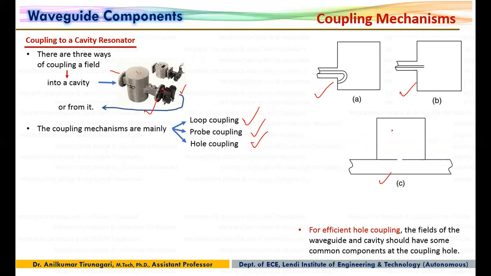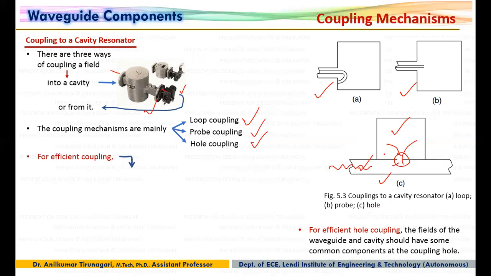In the hole coupling structure, suppose this is the cavity resonator and this is the waveguide. We are placing a small hole to couple the electromagnetic energy which is coming in this direction to the cavity resonator, to provide electromagnetic resonance in the resonator.